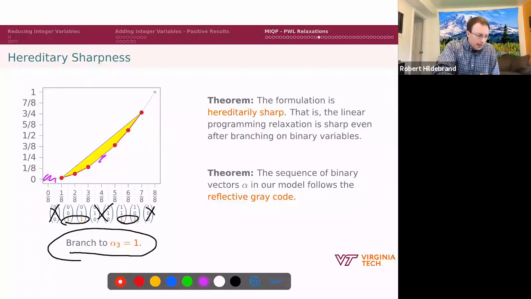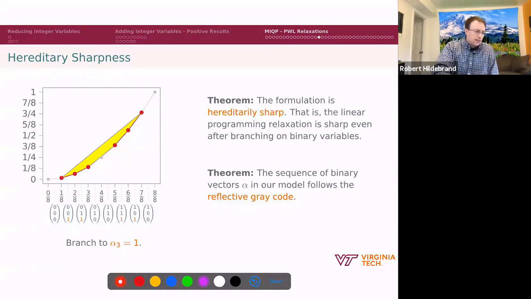Now, I believe what's exciting about this is that the sequence of alphas here actually coincides with something known as the reflective gray code. I didn't know what gray code was until 6 months ago or so, so this was exciting for me. A gray code is some sequence of binaries that's supposed to map to the non-negative integers.